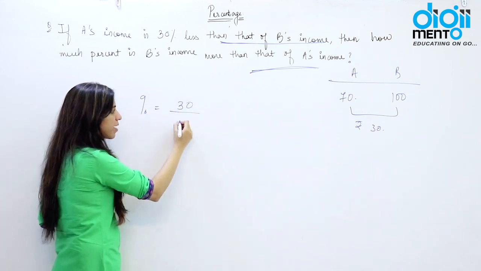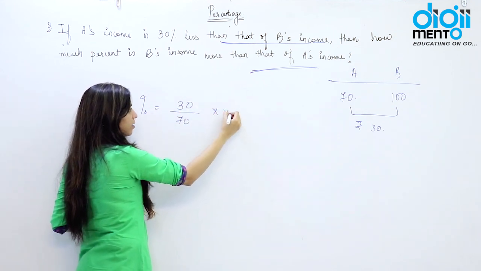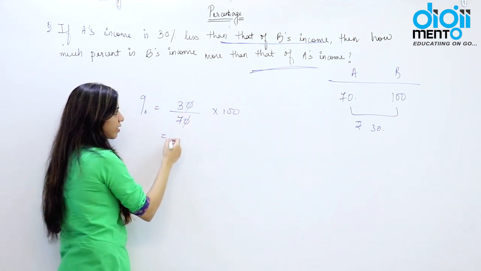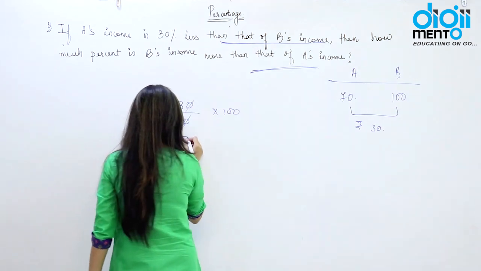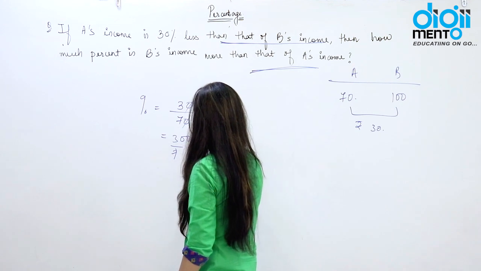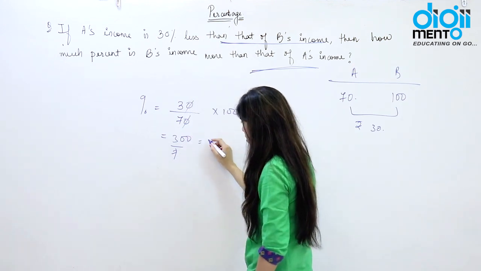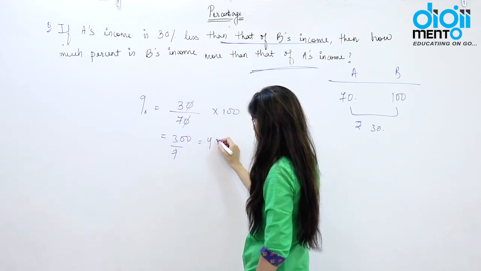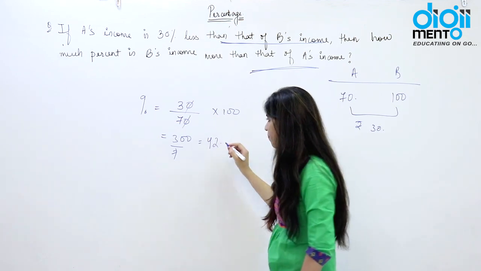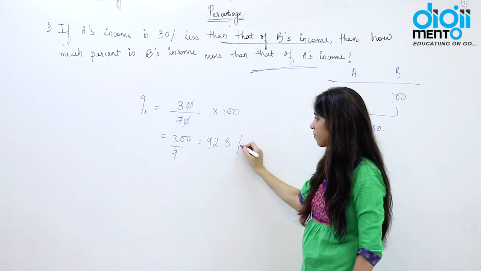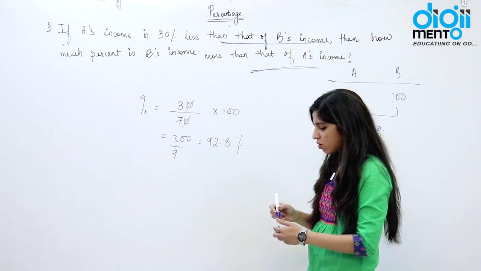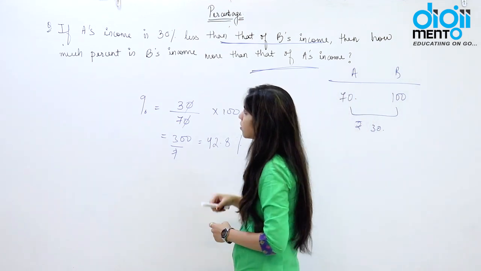You divide this 30 by 70 and multiply by 100. You just multiply this, whatever you are getting, 300 by 7. So this is going to be something, I guess 42 point something, 42.8% or whatever.